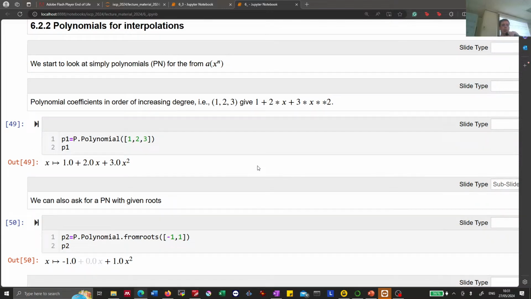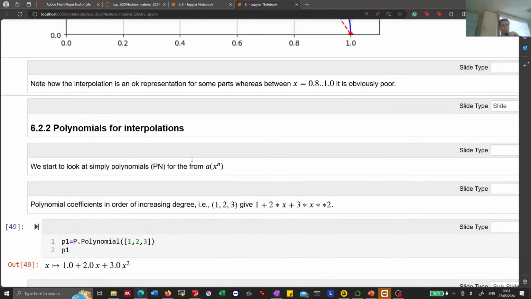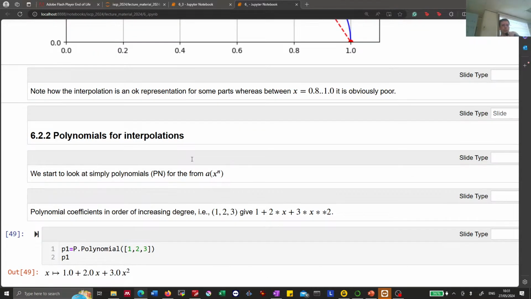Okay, how do we easily define some polynomials now? Let's see.